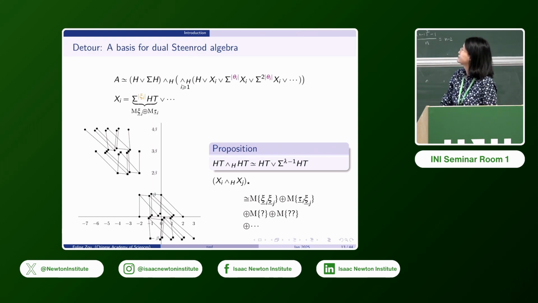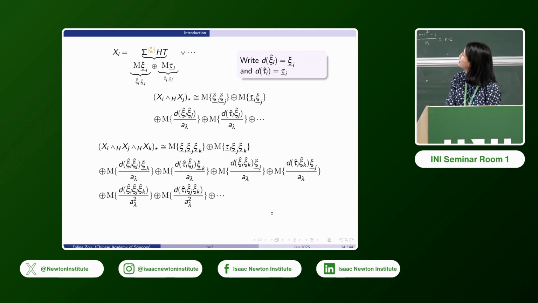Let me give a detour about what we also do in that paper. Using these elements, we found a basis for the dual Steenrod algebra. And it's not as simple as just putting the products of all elements together, because if you smash two HT together, what you get is a copy of HT and then a suspended copy of HT. So like this picture, you have two copies of M. Now you want to figure out what these elements are.